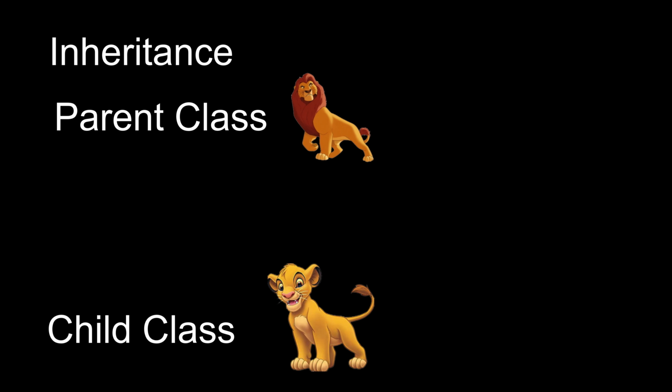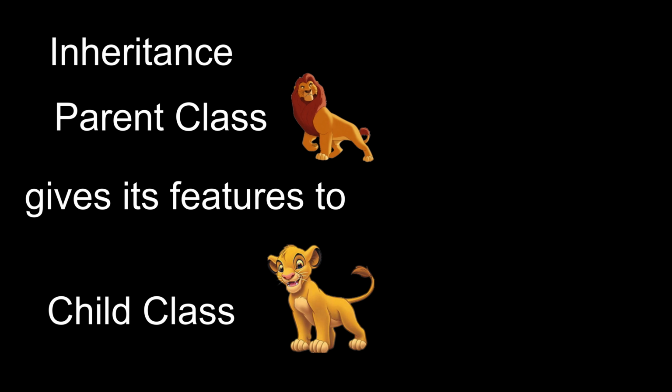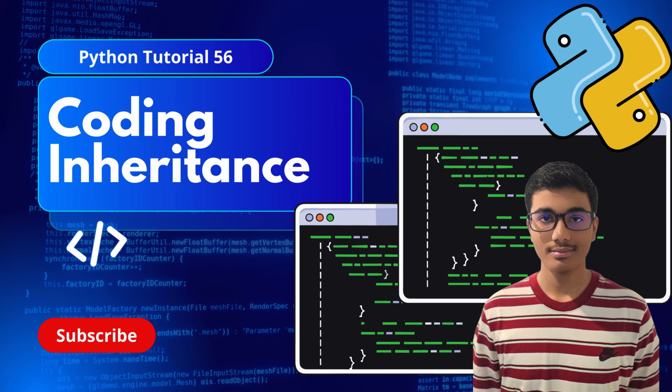So let's say there's a class called parent, and there's another class called child. The class which gives its features to the other class is called a parent class, which we have over here, and it's giving its features to the child class.